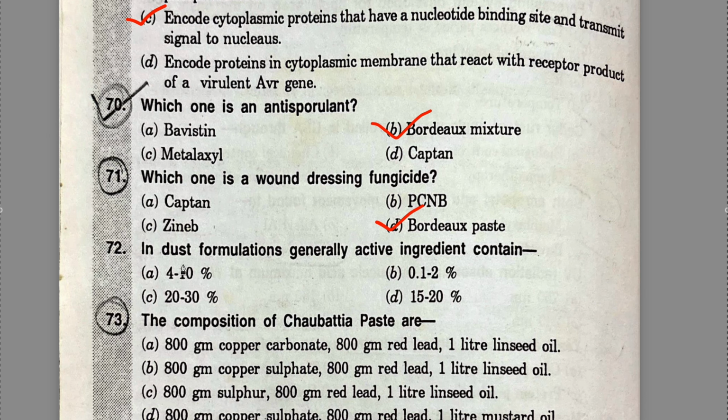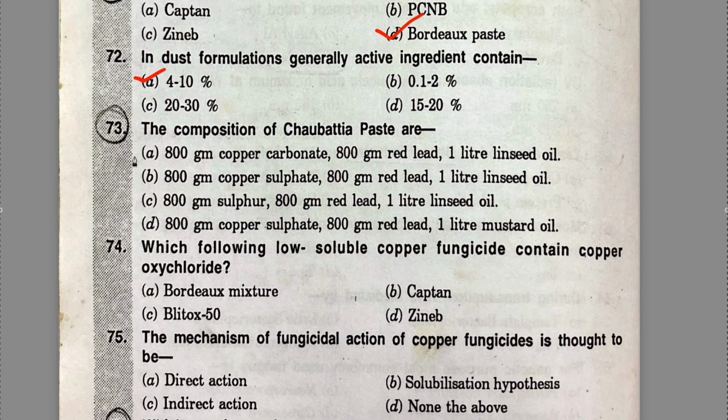Question 72. In dust formulations, generally the active ingredient contains 4 to 10%, 0.1 to 2%, 20 to 30%, or 15 to 20%. The answer is option A. 73.